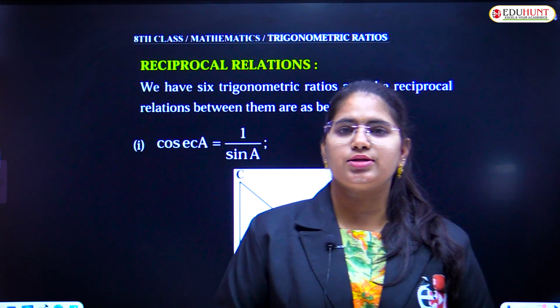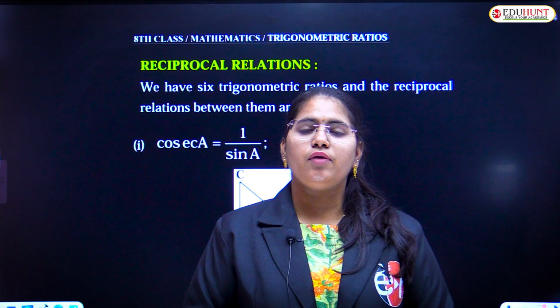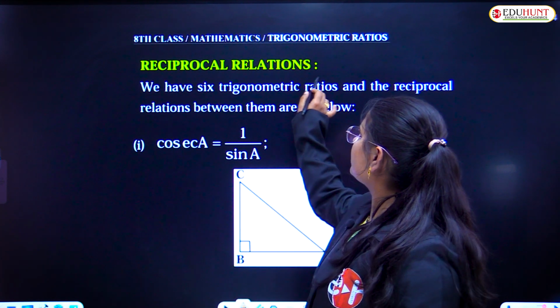Today we are going to start the first session, which belongs to the reciprocal functions of trigonometry. What are reciprocal relations or functions?